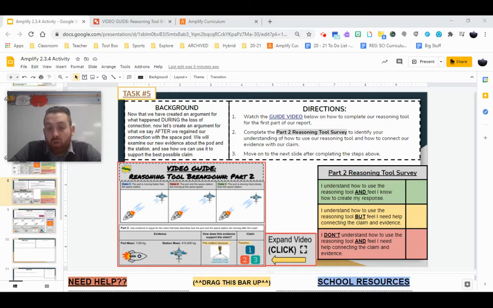As of now, we have explained how our evidence supports the idea that our space pod had collided with our space station, that its velocity had changed during its normal docking procedures, and that had led to this collision. Now we're going to use some of that evidence to explain what's happening after the collision, or more importantly, what the velocity of our space pod and our space station look like now that they have collided with one another.